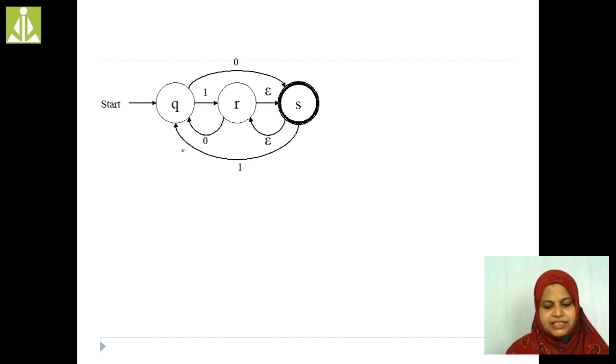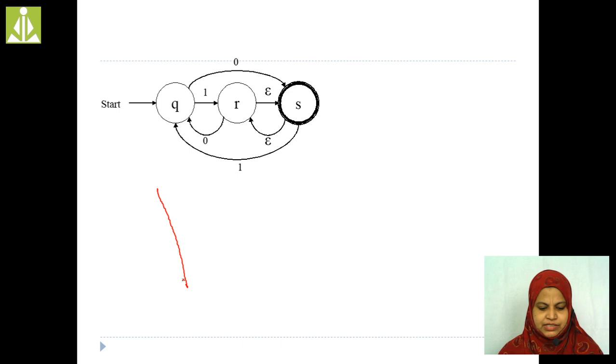See here, check this one. This is an example of an NFA. How many states are there here? Q, R, S. I am going to draw the transition table for this one.